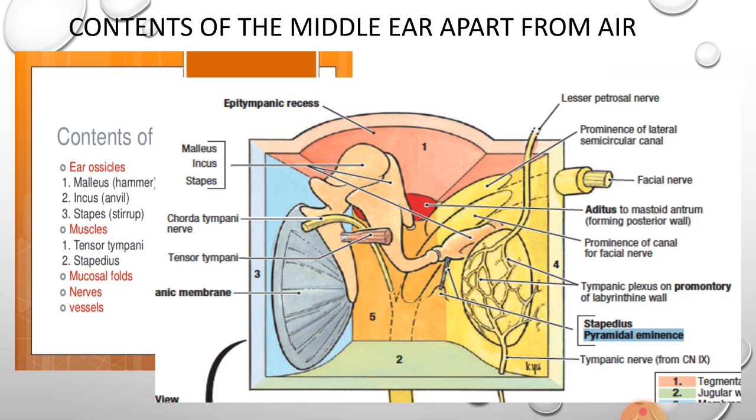Then we have mucosal folds which cover these structures and all the walls of the middle ear cavity. Then there are certain nerves present in the middle ear cavity. We're also going to talk about these nerves in the next slides. And then there are vessels. So you need to learn all the names of these ossicles and muscles and nerves and vessels. Okay.